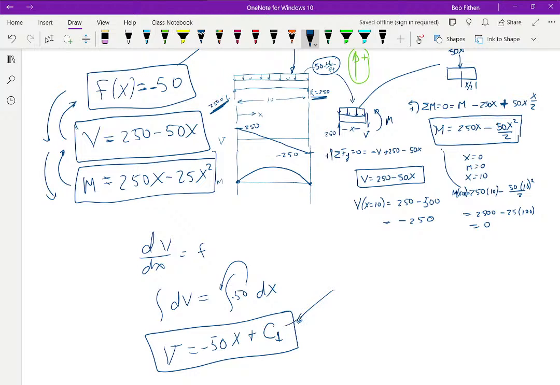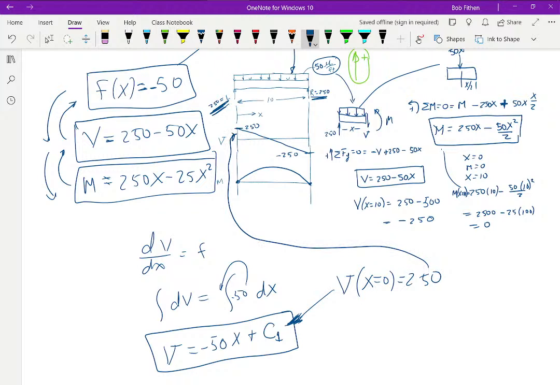So what do I do to determine that constant? Well, in this particular case, you have a boundary condition, and that's the load, and it's 250.